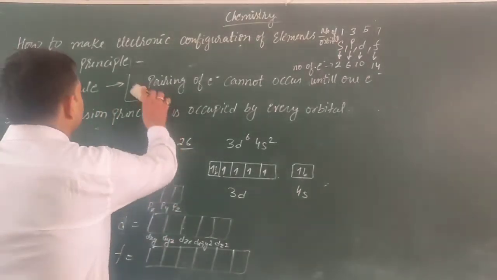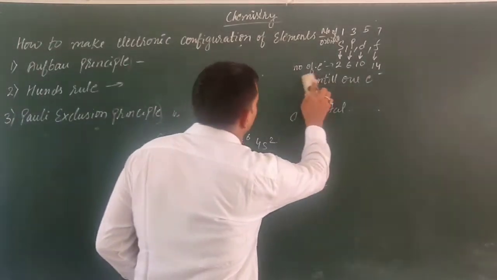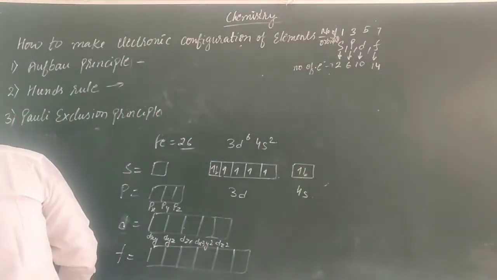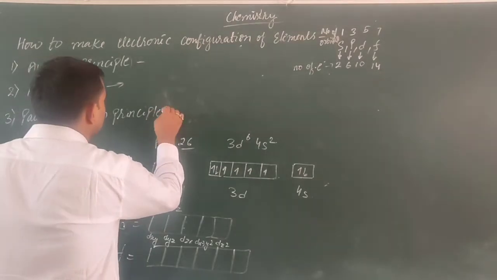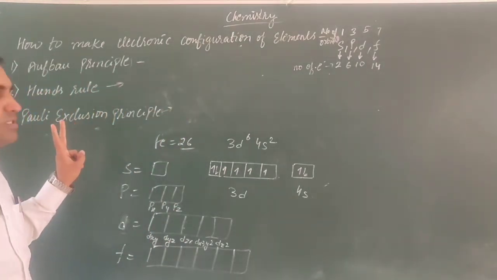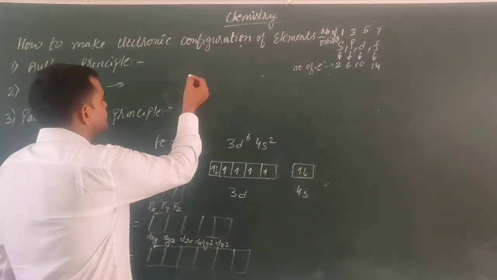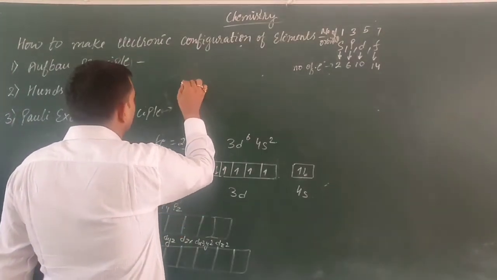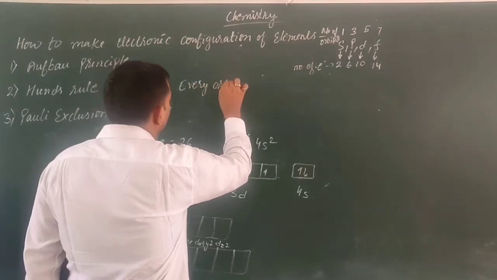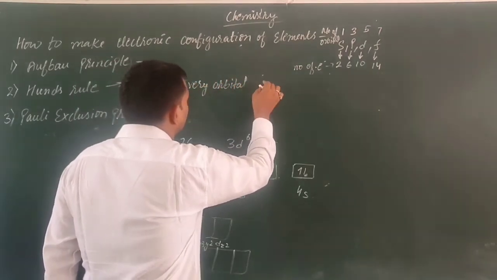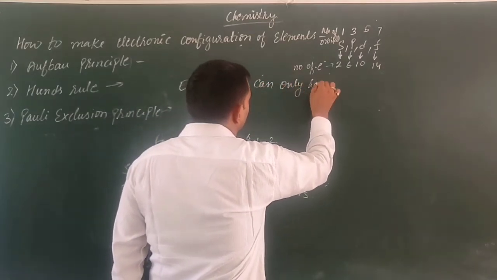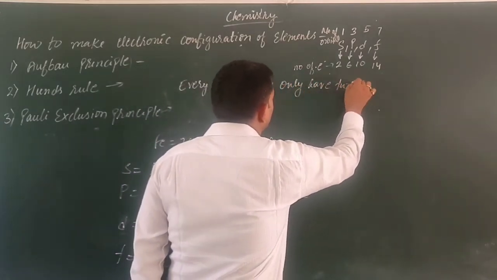Now the last one. The last is the Pauli exclusion principle, and we will explain it by taking the same example of iron. According to the Pauli exclusion principle, there are 2 things it says. First is every orbital can only have 2 electrons.